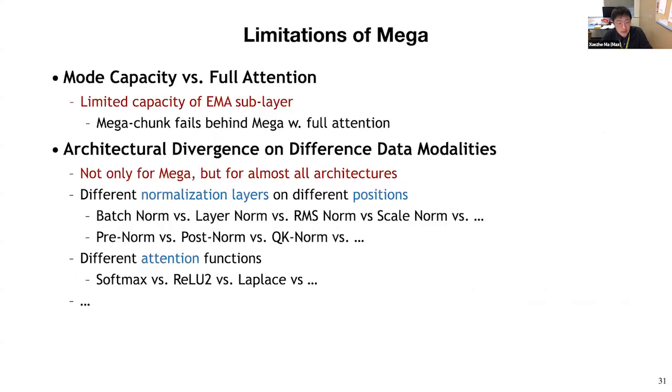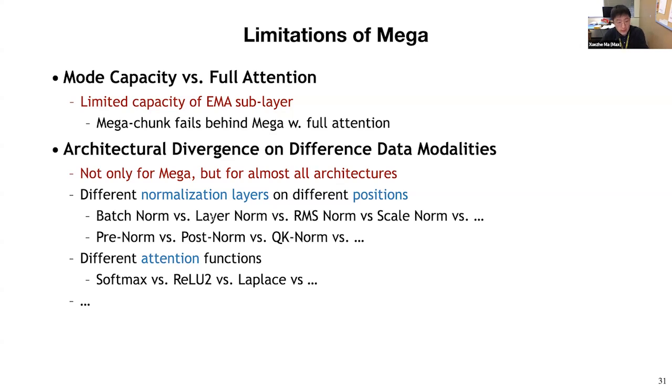And the second limitation of Mega is a problem not only for Mega, but I think for almost all the architectures. That is what we call architectural divergences for different data modalities.